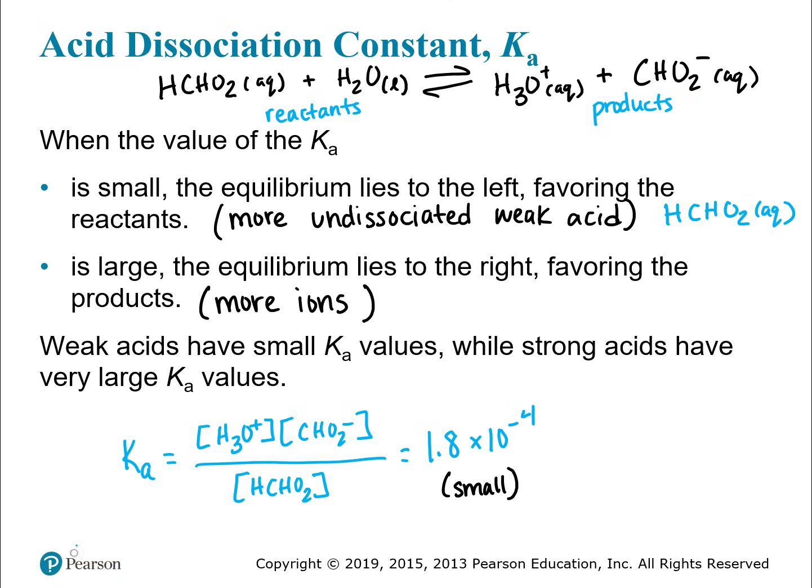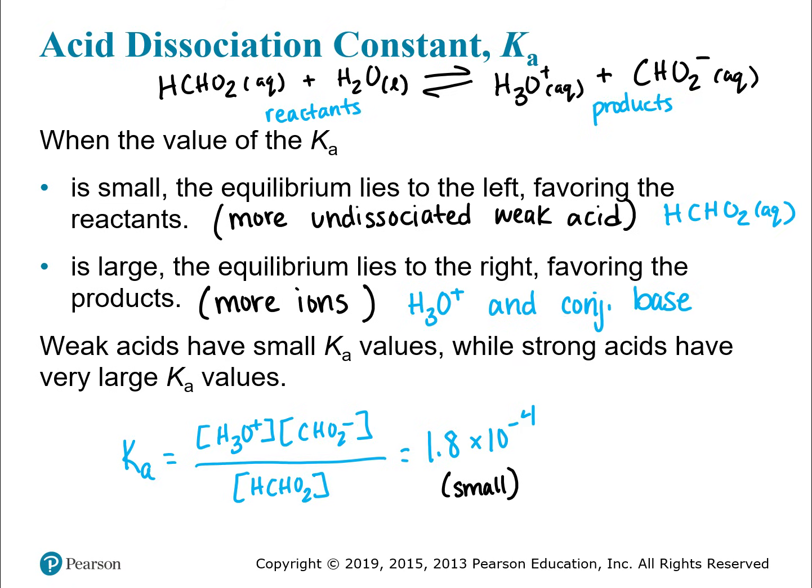What that means is hydronium and conjugate base. Weak acids have small Ka values. We said that formic acid is a weak acid, so it's small. 1.8 times 10 to the minus 4, that's a pretty small number.